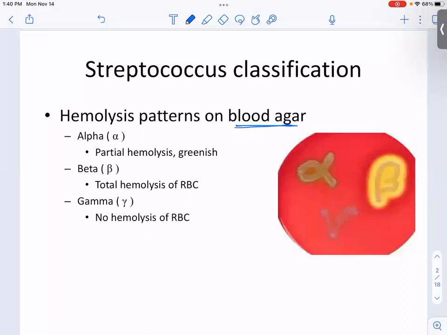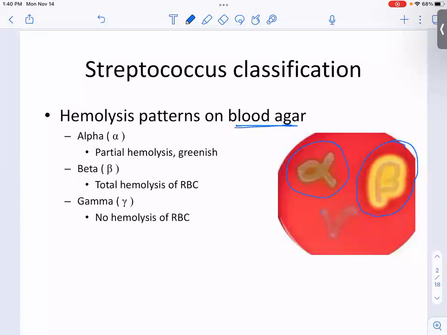With alpha hemolytics, we get a greenish color change because they're only partially lysing the red blood cells. The hemoglobin stays intact. Total red blood cell lysis is beta hemolysis. You get a yellow clearing, and you can see right through the media because those red blood cells are totally lysed.